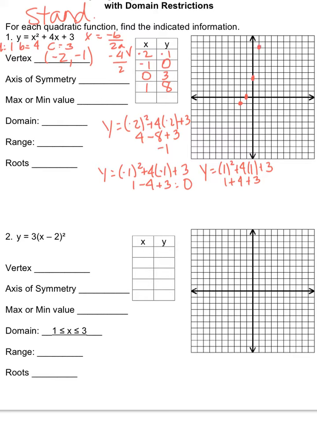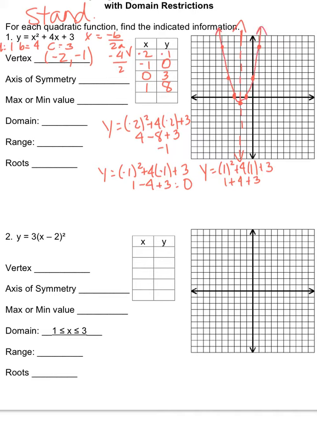Now that's only half, so I want you to draw your axis of symmetry. Okay, and then reflect those points over to find the other half of your parabola. And then connect your points.